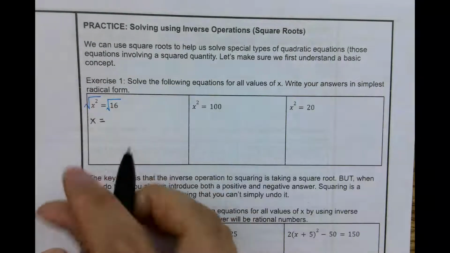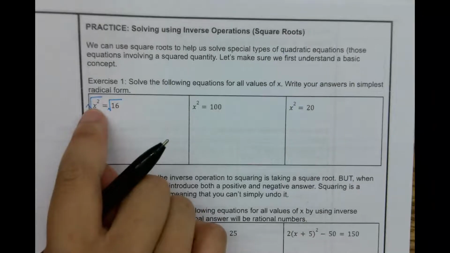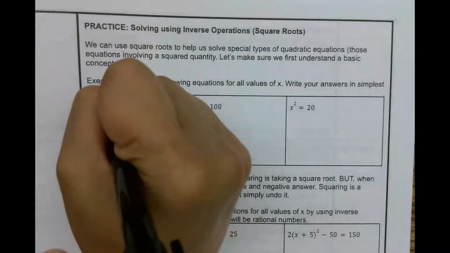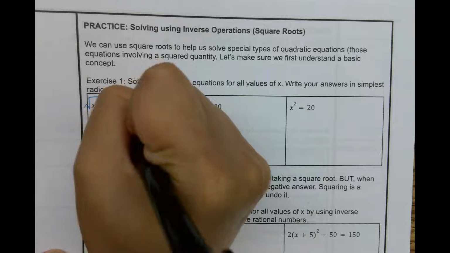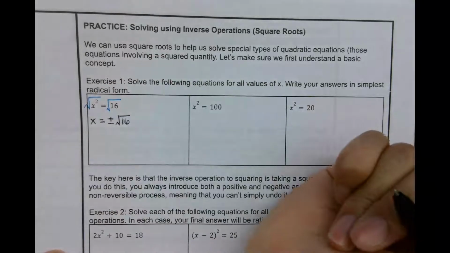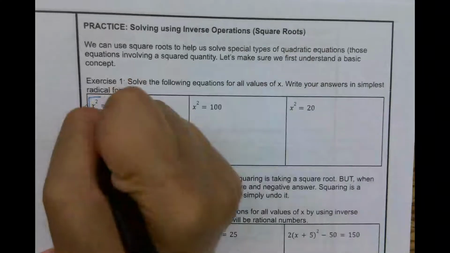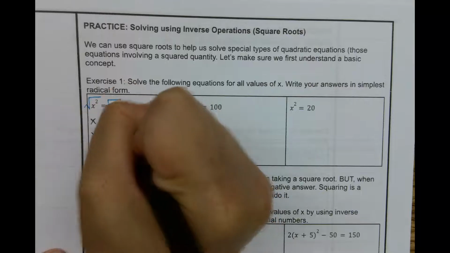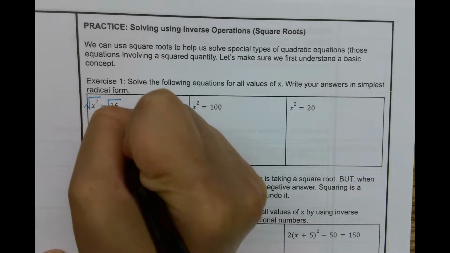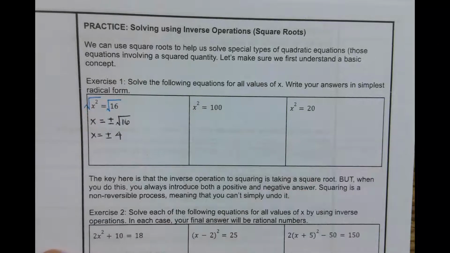Whenever you square root to solve for a variable, you're going to put a plus or a minus in front of it, and I'm going to explain why in just a little bit. We should know that the square root of 16 is 4. So I have two solutions here.